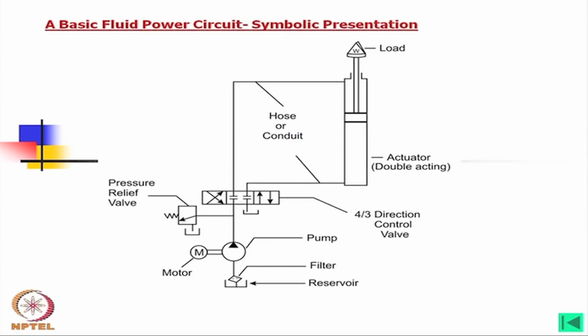Now, this circuit we have already studied. Here we find that a load is being lifted by a double acting actuator and it is being operated by a directional control valve. Also a term 4/3 is there, that I shall explain.